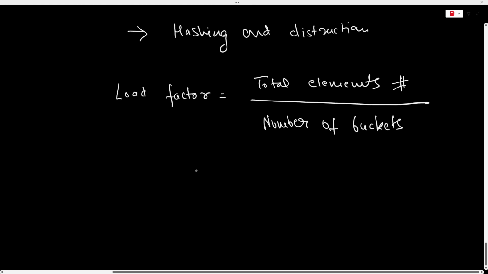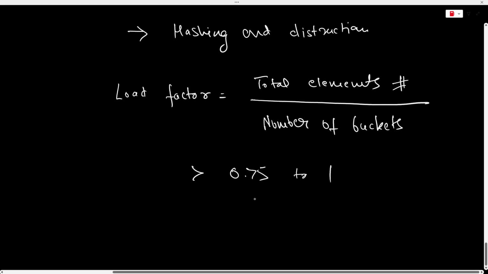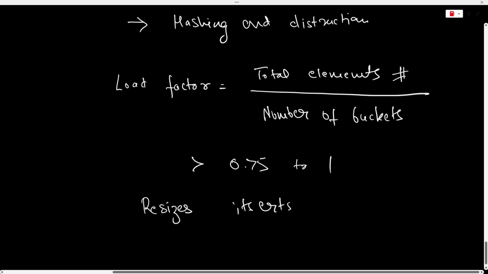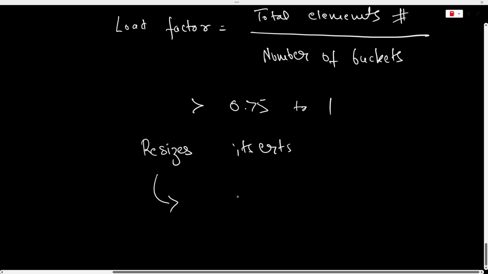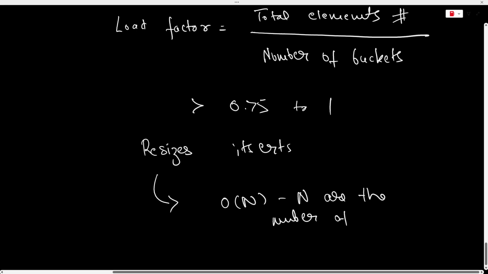If this load factor crosses a certain threshold, usually between 0.75 and 1, the hash table resizes itself. This resizing takes O(n) time, where n is the number of elements present in the hash table at the moment.